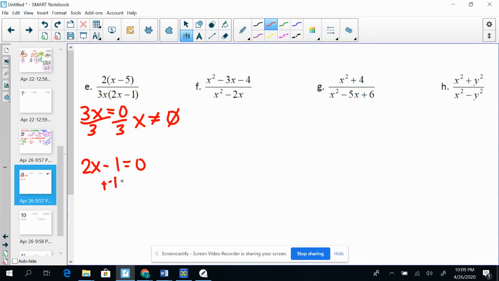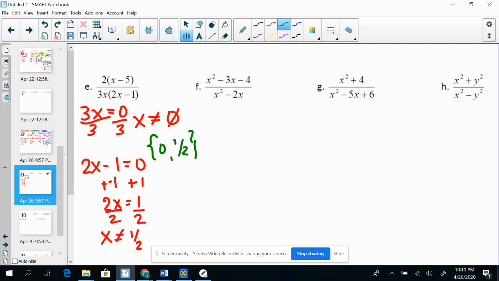And then we're going to add 1, 2x equals 1, divide by 2. x cannot equal 1/2. So our restricted values are going to be 0 and 1/2. Those are the two numbers that would make the denominator a 0, which is the problem. You don't worry about the numerator, because numerators can have a 0 at the top. So it's fair game for all numbers up there.